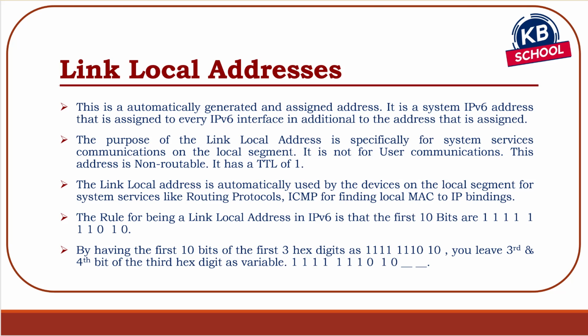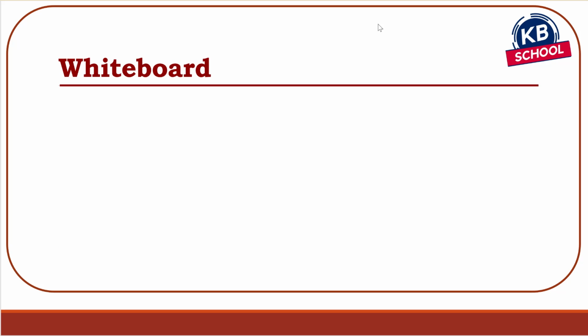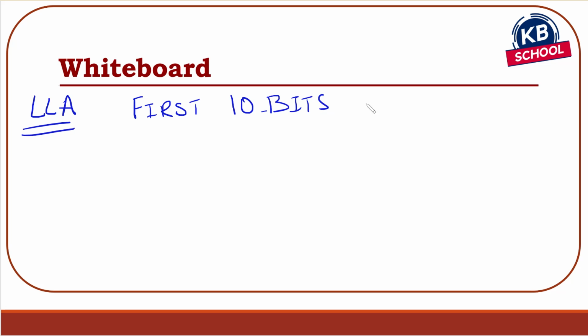Just like the other address types that I have, a link local address also has its own rules. The rule for the link local address is that the first 10 bits are fixed. If it's 10 bits, it's 4 bits on the first hex digit, 4 bits on the second hex digit, and in the third hex digit, you have 2 bits.